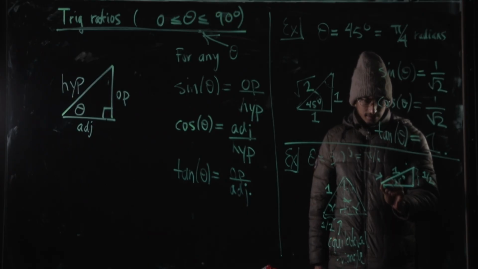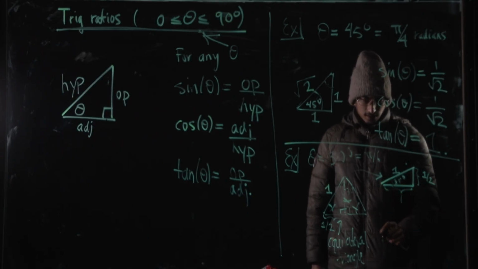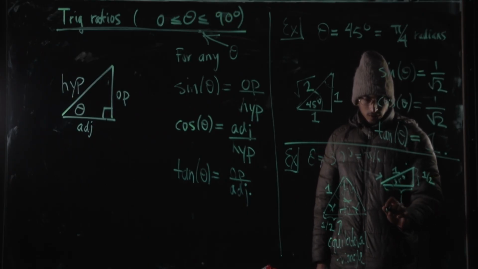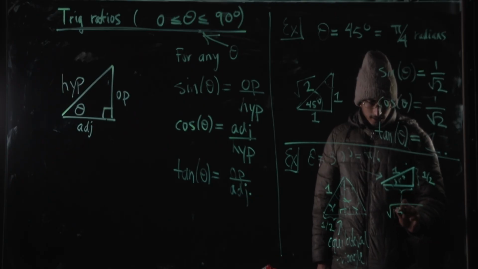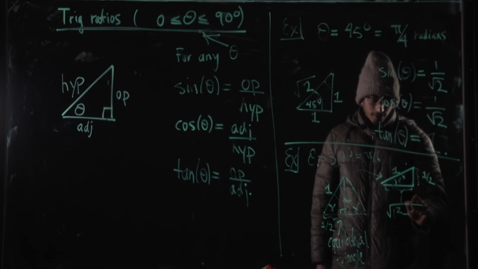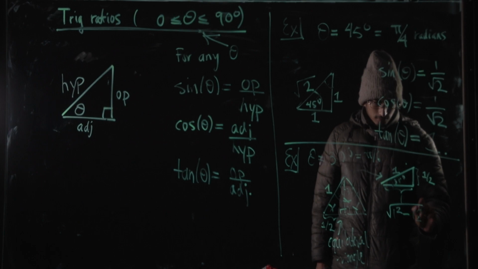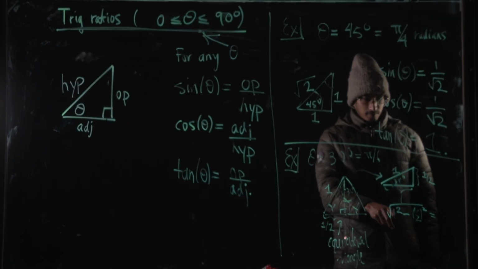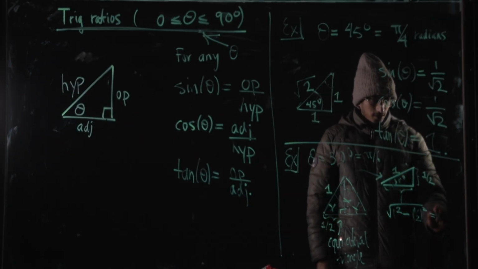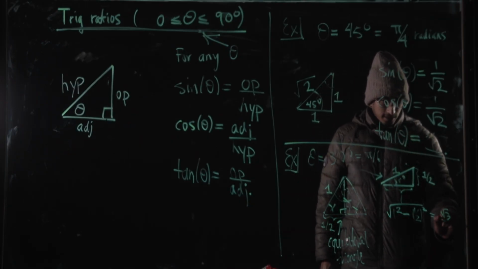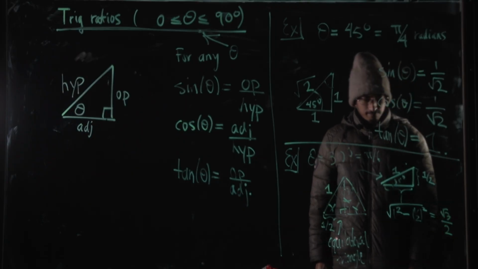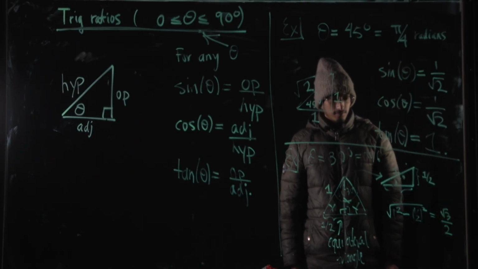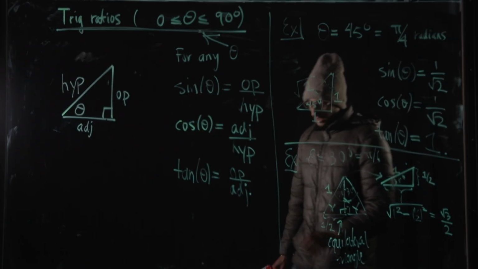This side length is equal to the square root of 1 squared, hypotenuse squared, minus this side squared. So that's equal to the square root of 1 minus 1/4, which is the square root of 3 divided by 2. Great.